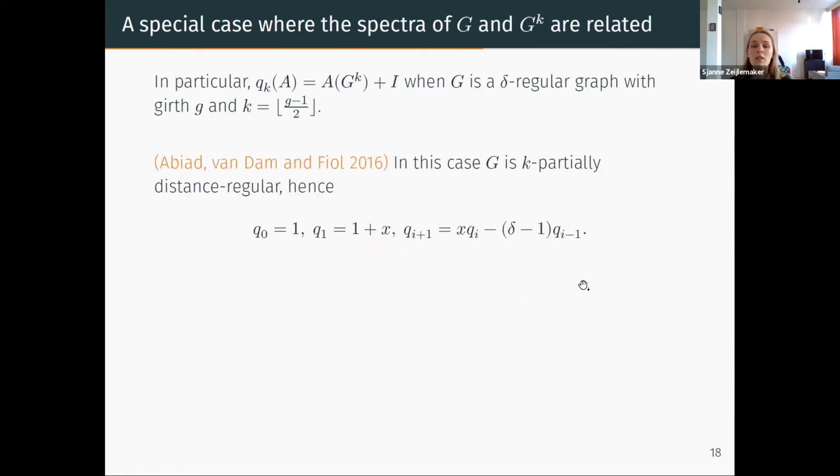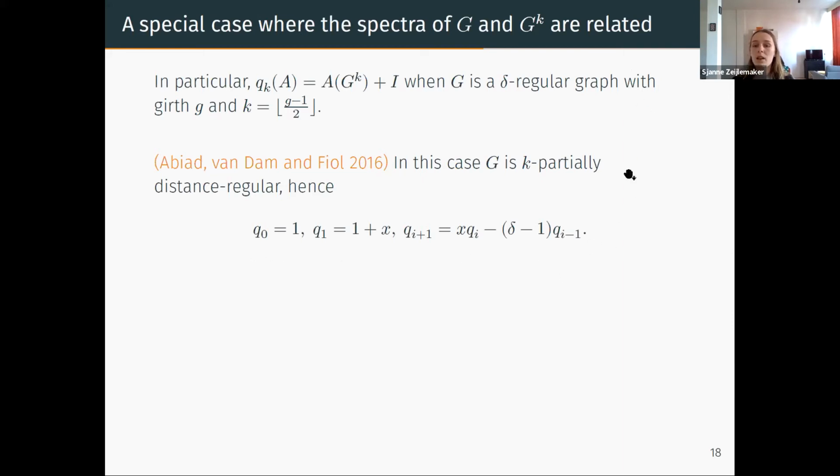Now, this inner product that I showed you looks quite complicated to compute, but there's actually a case where this can be done much easier. So in particular, if our graph is regular, and we say that k is the girth minus 1 divided by 2, in that case, we know that the graph is k-partially distance regular. And what that means for us in particular is that this polynomial is easy to compute with a recursive function.